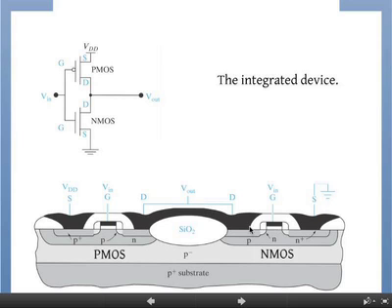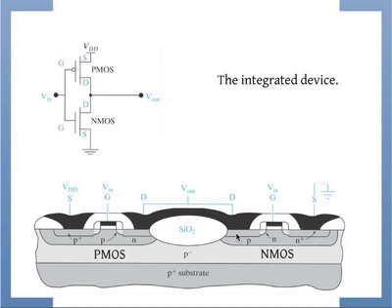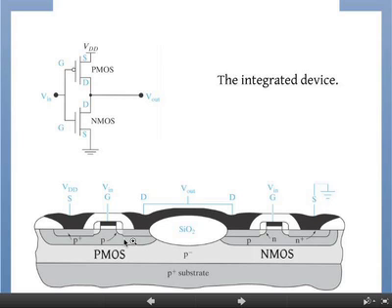So you have the drain here, source here, gate here. As you apply gate voltage, the electrons get pulled close to the channel. It completes the circuit from the drain to the source. Okay, that's our NMOSFET.